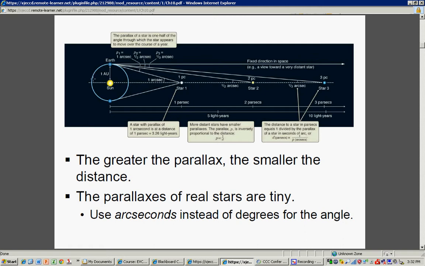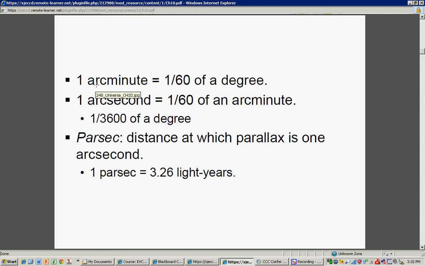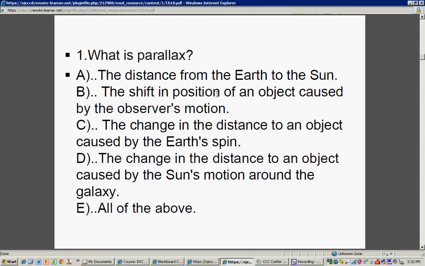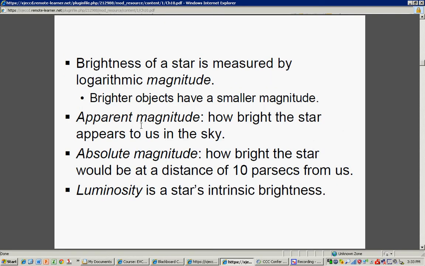So it's caused by the motion of an observer as it goes around the Sun. It's not a change in distance, because parallax allows us to measure distance. So C and D wouldn't be fine. That's the first question in our extra credit part.